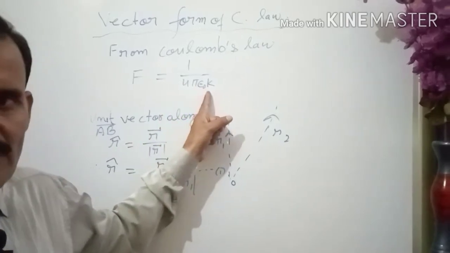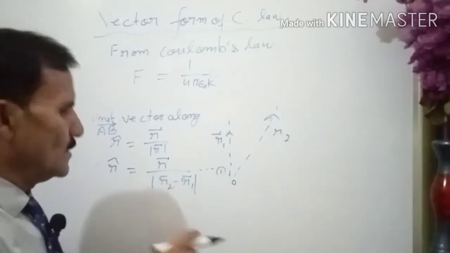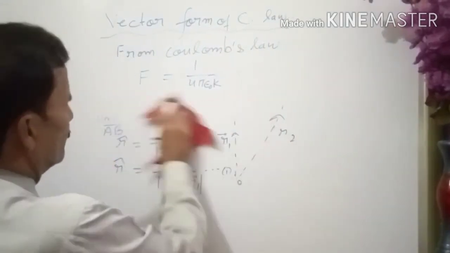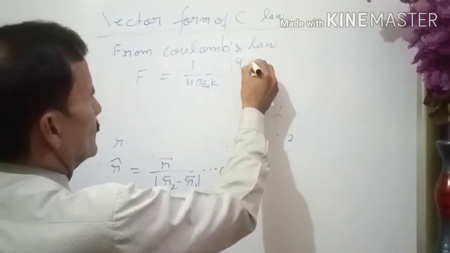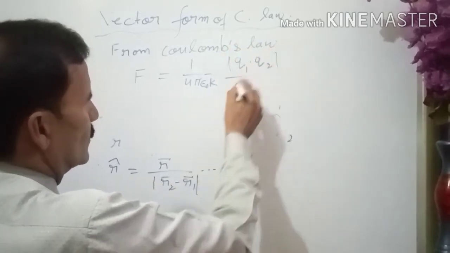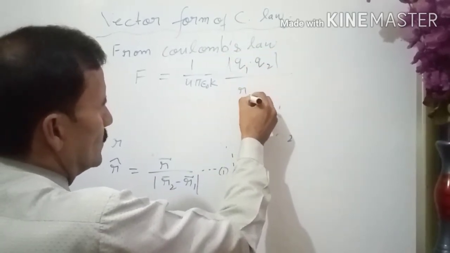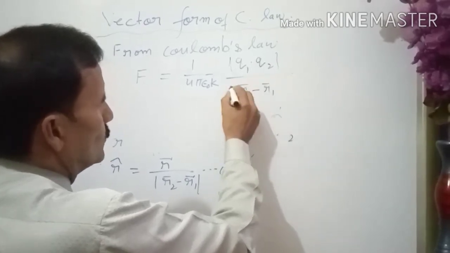K is the broader thing, as we are talking about any medium, whereas the book is only for free space. So this is equal to modulus of Q1 Q2, where modulus means there is no positive or negative, upon R2 minus R1 whole square.